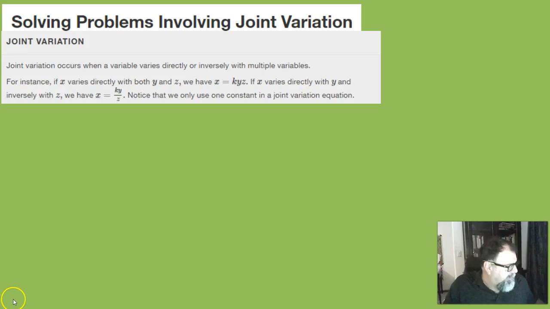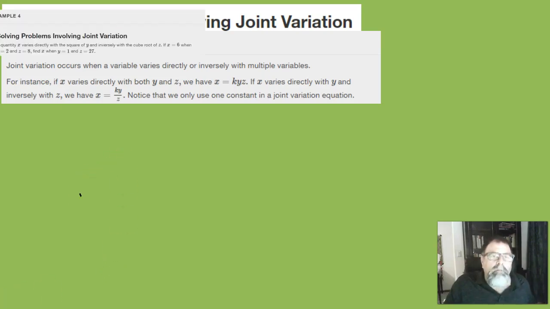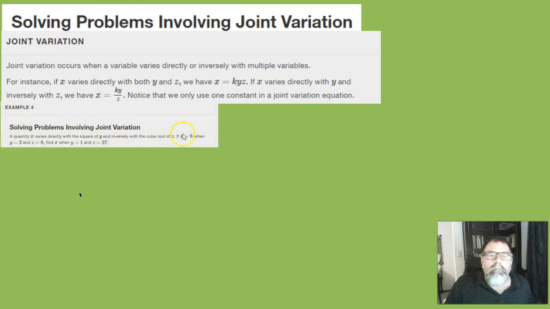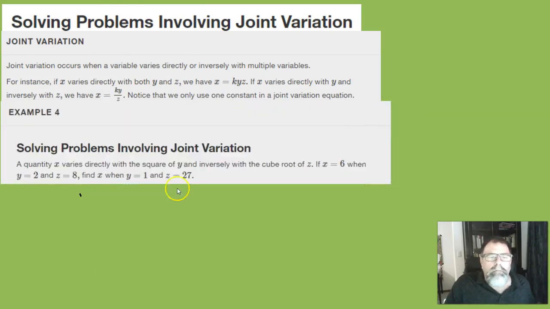All right, let's look at an example. Solving problems involving joint variation. A quantity x varies directly with the square of y and inversely with the cube of z. If x equals 6 when y equals 2 and z equals 8, find x when y equals 1 and z equals 27. So think of it, it's going to have basically the same structure as example 1 and example 3, where I think of it as two steps.